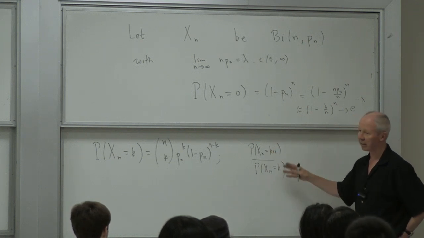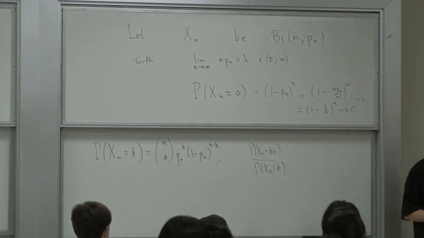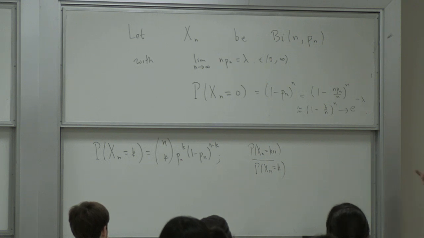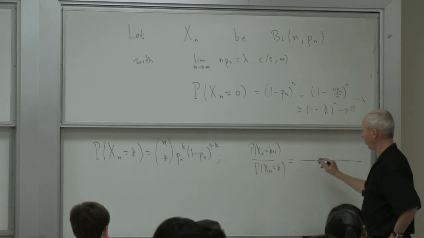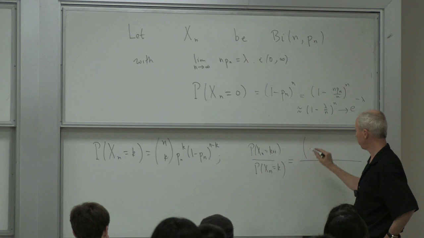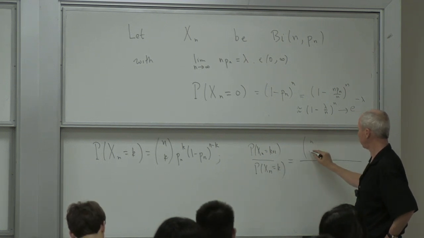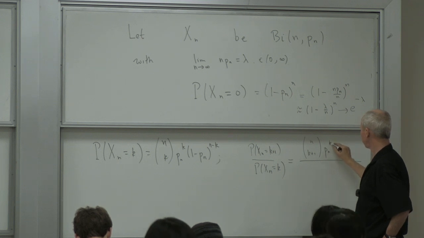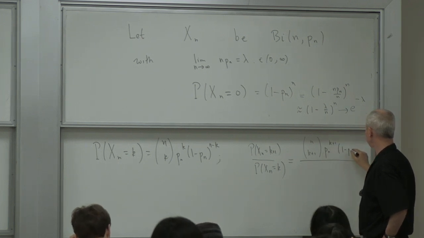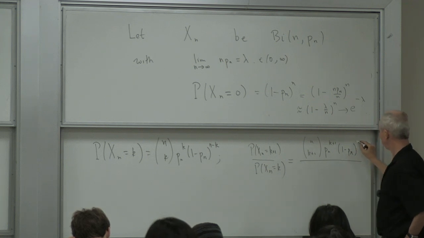And the reason I did this is similar to the one last time in the coyote capture problem. Remember, we looked at the ratio f_{n+1} over f_n, and got a lot of things canceling due to the fact that we have factorials. Similar thing will happen here. What does this become? Well, we'll just use that definition there. Here we have n choose k plus 1, and then pn to the k plus 1, 1 minus pn to the n minus k minus 1.